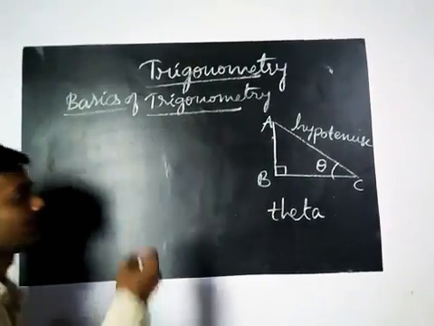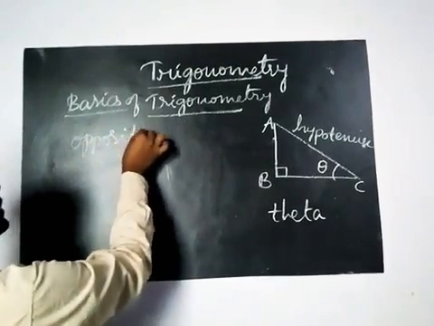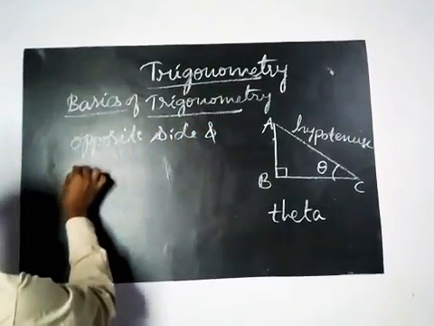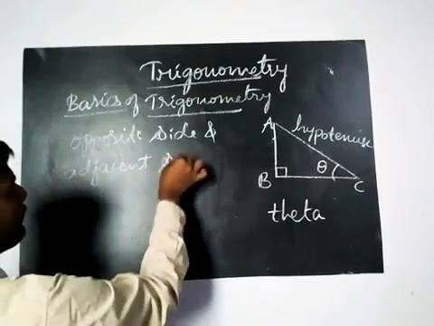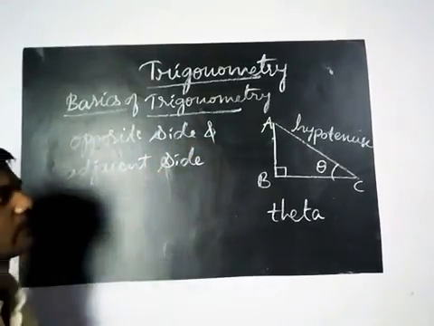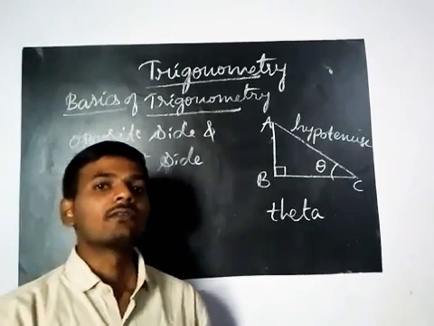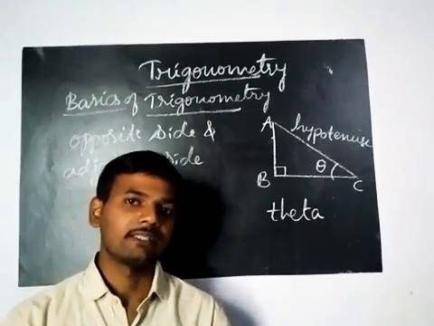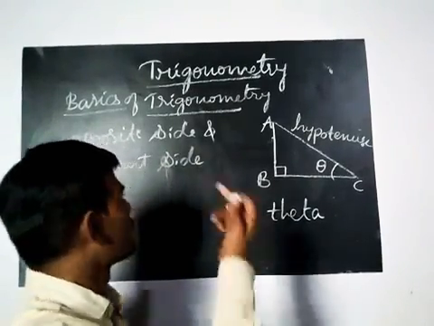As related to the angle theta, the sides of the right triangle are named as opposite side and adjacent side. The side which is opposite to the angle theta is known as the opposite side.